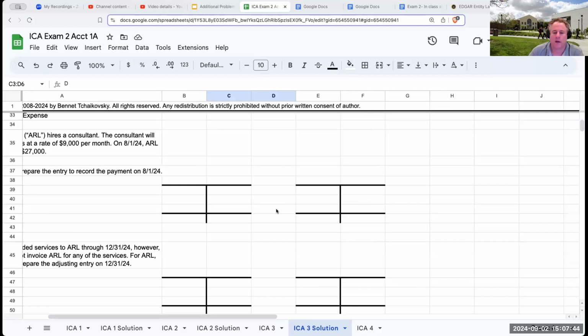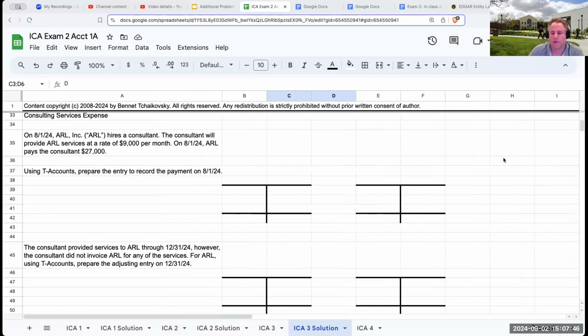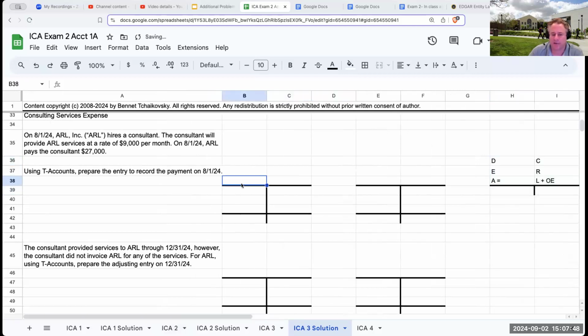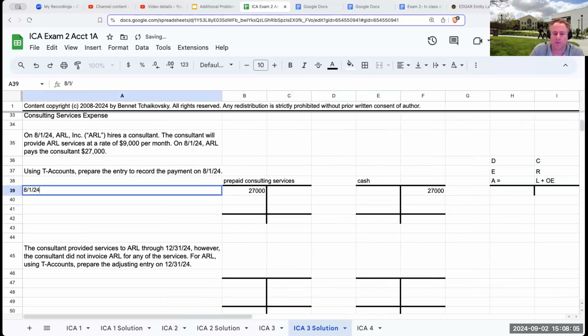When I go through the first part on 8/1/24, I'm paying cash of 27,000. I'm debiting prepaid consulting services on 8/1/24.